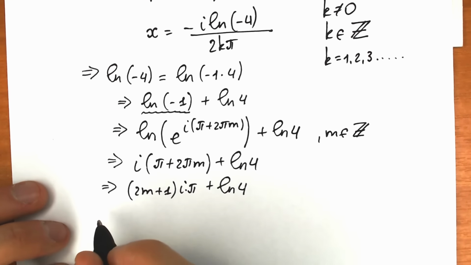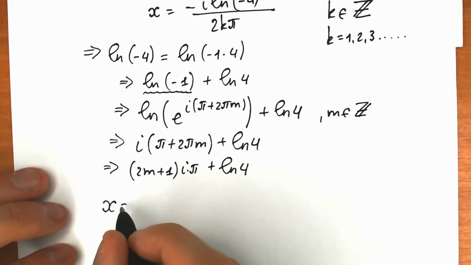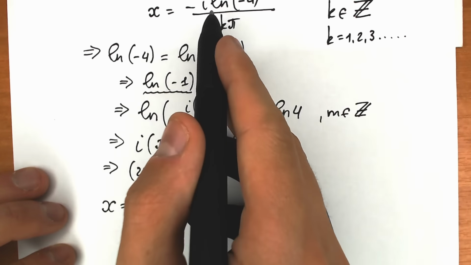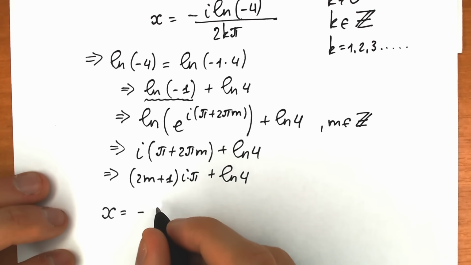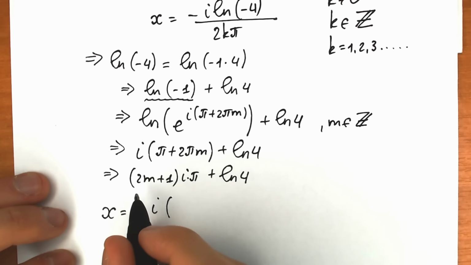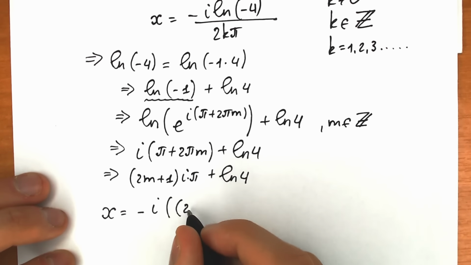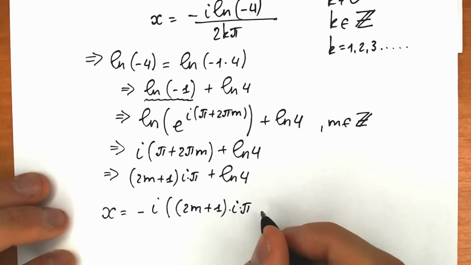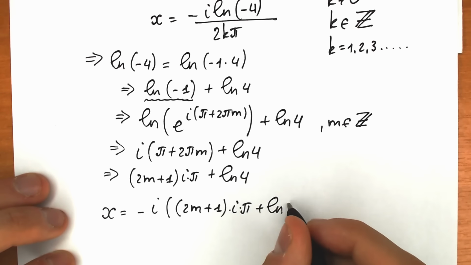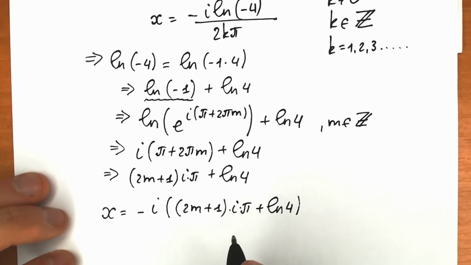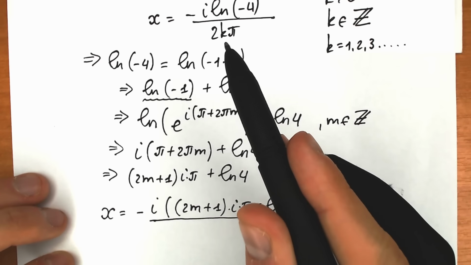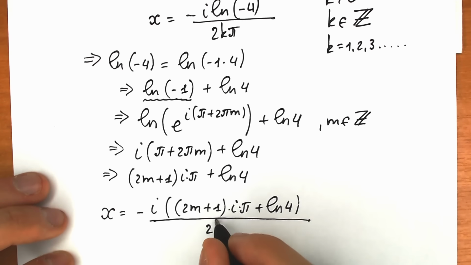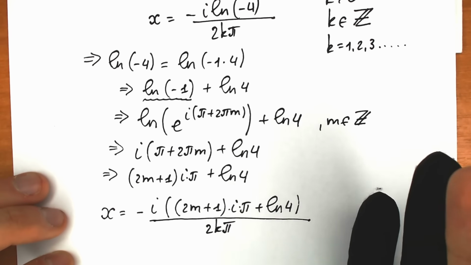We have x equal to minus i times this natural log of minus 4, which is 2m plus 1 times i times pi, plus natural log 4, close parentheses, and we divide all of it, don't forget, by 2k pi.